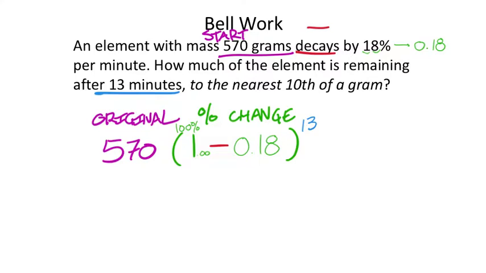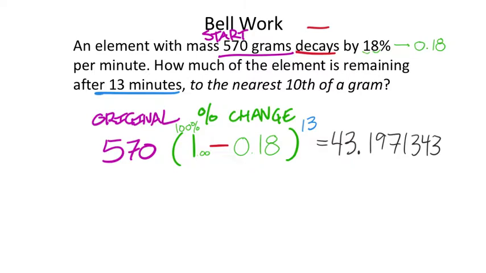Now at this point, I take my calculator and enter 570 times parentheses 1 minus 0.18 close parentheses to the power of 13. My calculator gives me this number, which is how many grams this would be after 13 minutes of an 18% decay, starting with 570 grams.